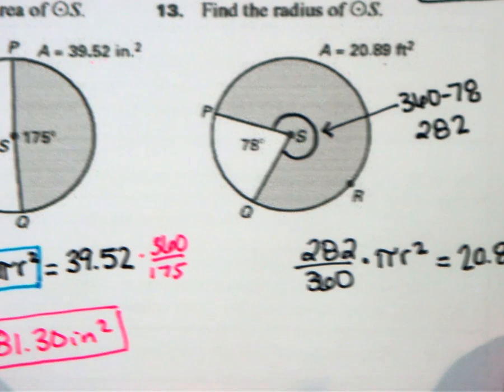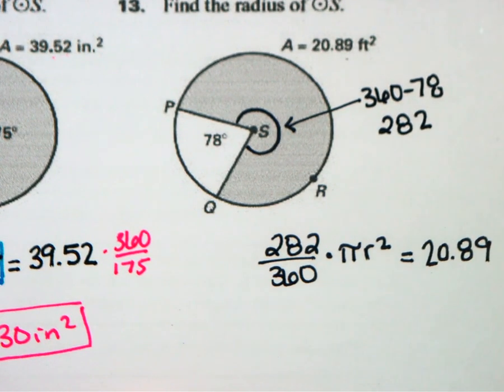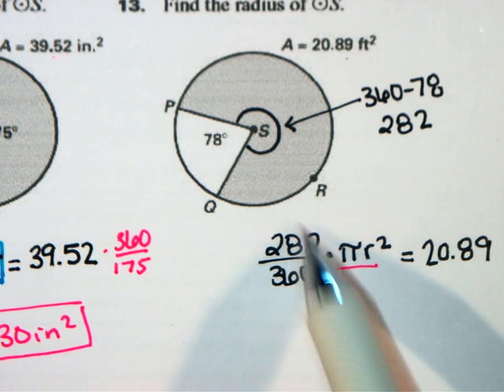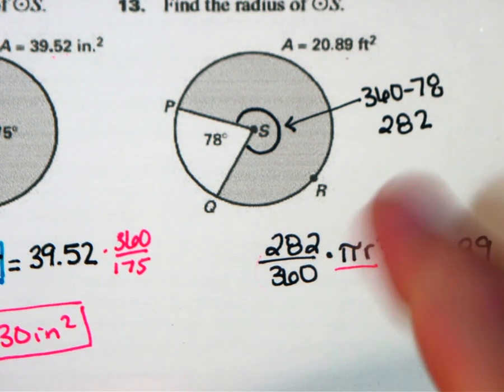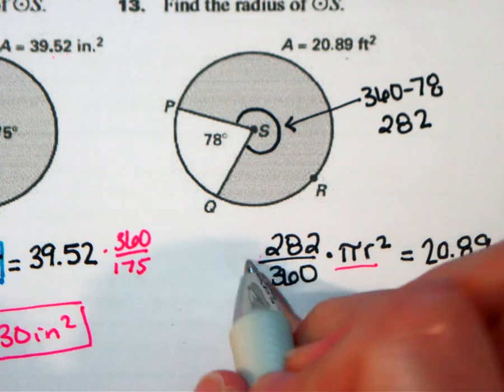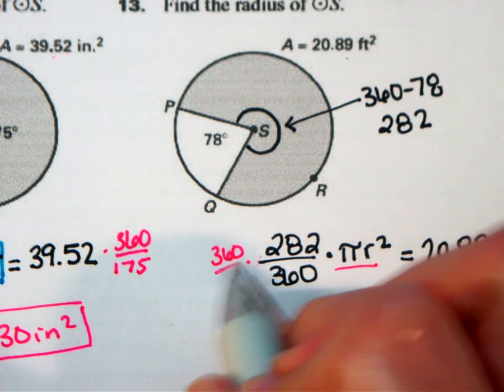Now I'm going to solve for my pi r squared. I want to know what the area is for the whole circle, so I really just need to get this little piece alone. To get rid of a fraction, you multiply by the flipped version of the fraction, which is 360 over 282.